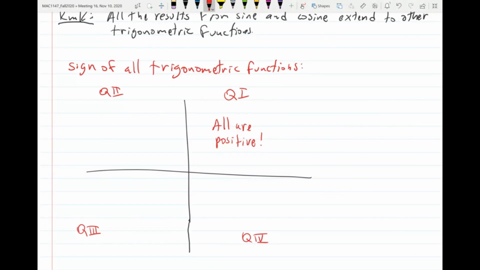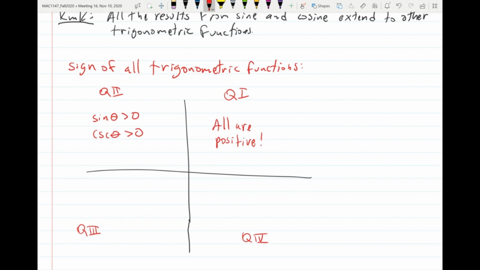Now, in quadrant 2, who do we know is positive? Sine is positive. What else is going to be positive in quadrant 2? It's going to be cosecant, because if sine is positive, then 1 over sine is also positive. Notice that the other 4 functions all have a cosine, and cosine is negative, okay? So the only ones that will be positive here are sine and cosecant.